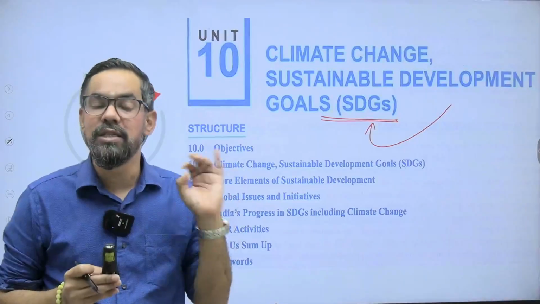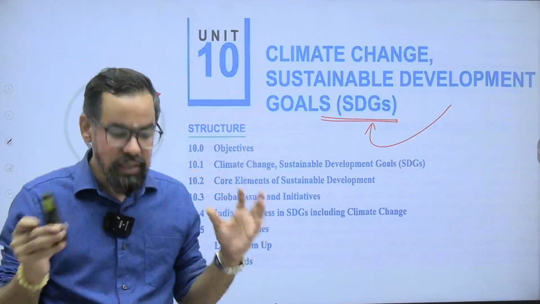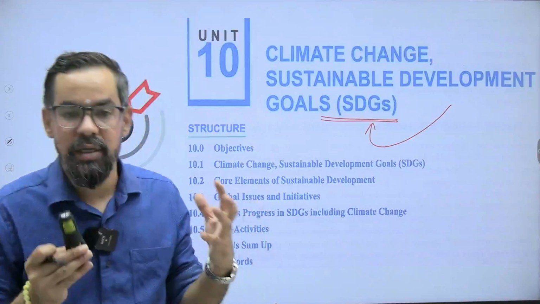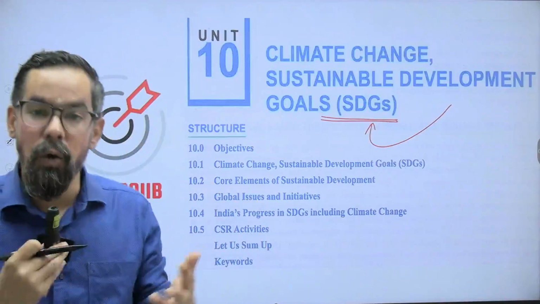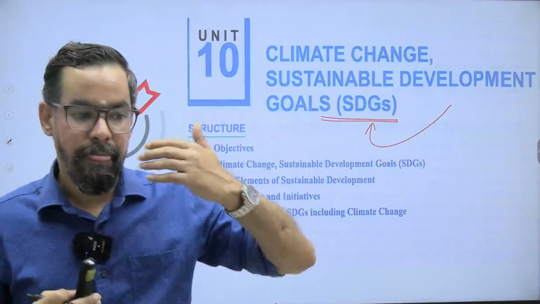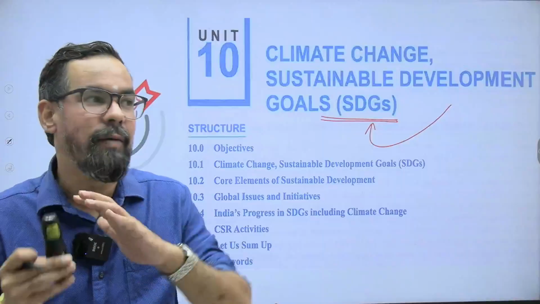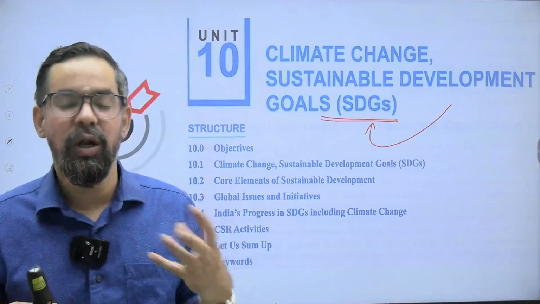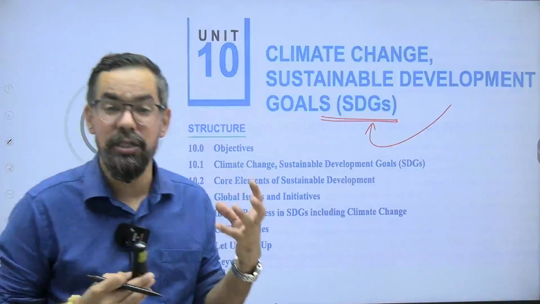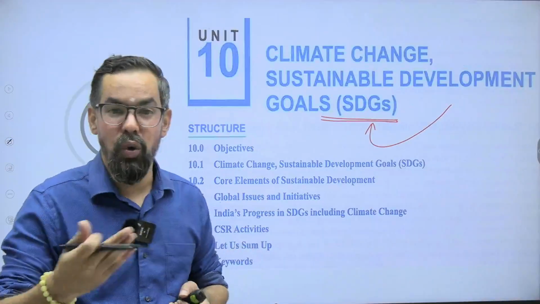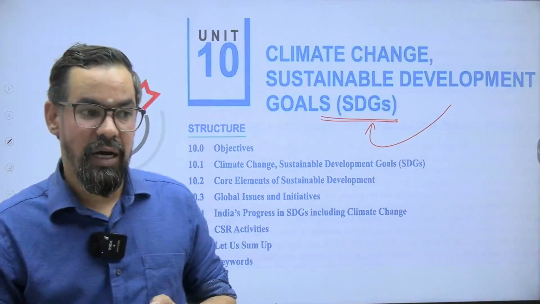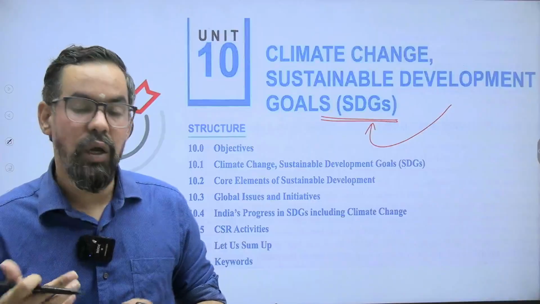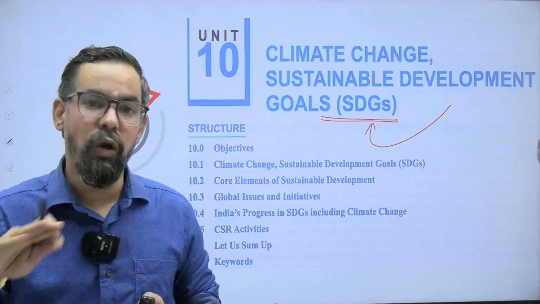Niti Aayog is the nodal agency to manage these targets, to report to UN, and to take care of the overall state-wise ranking and the overall performance assessment of these states. I hope you know, as per the recent reports 2023-24, Uttarakhand is at top, followed by Kerala.